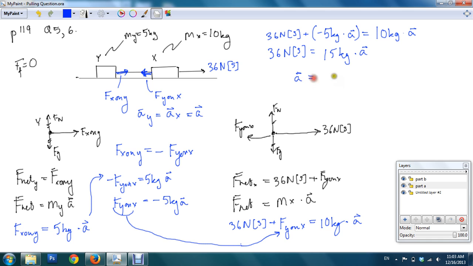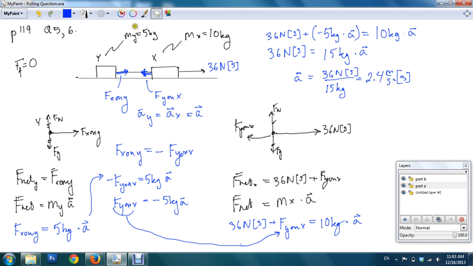Therefore, the acceleration will be 36 newtons south divided by 15 kilograms, which gives us 2.4 meters per second squared south.